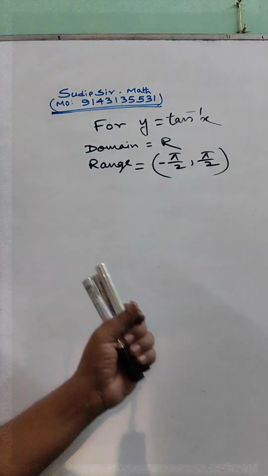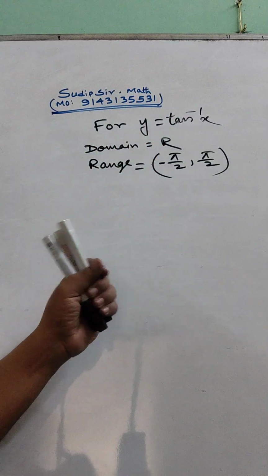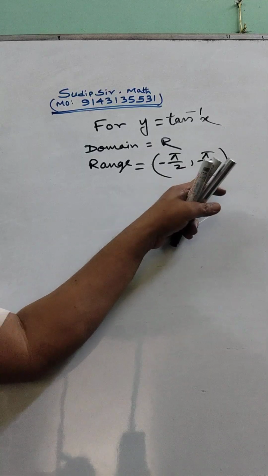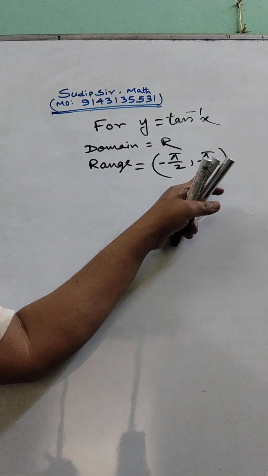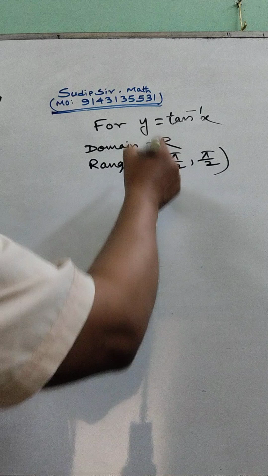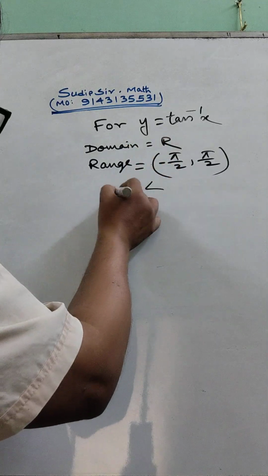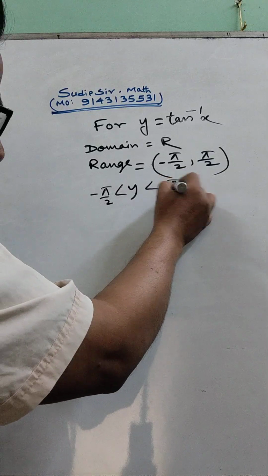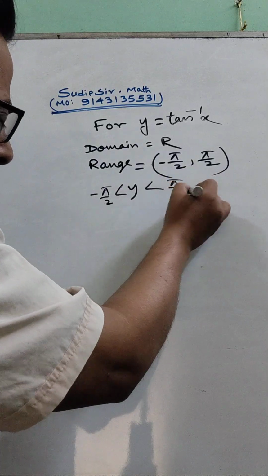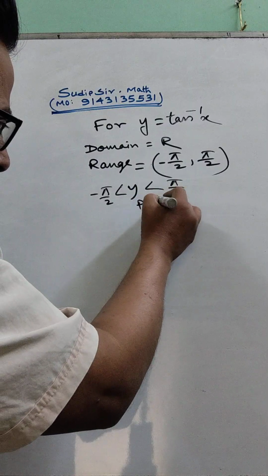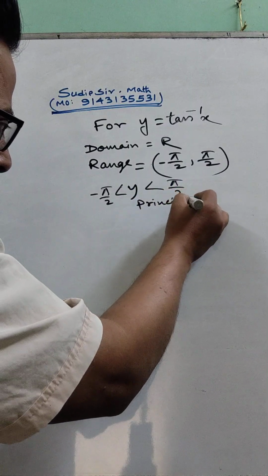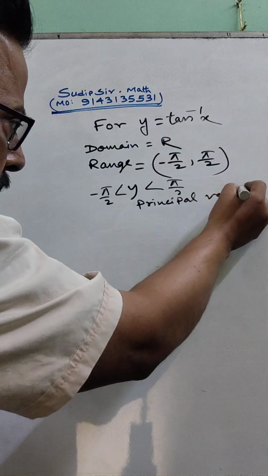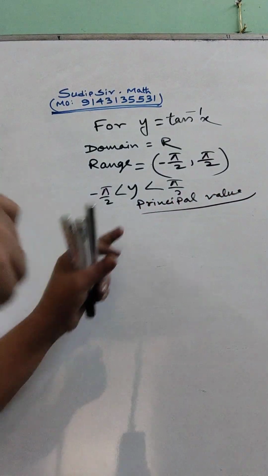That is, y lies between minus pi by 2 and pi by 2, and this is called the principal value.